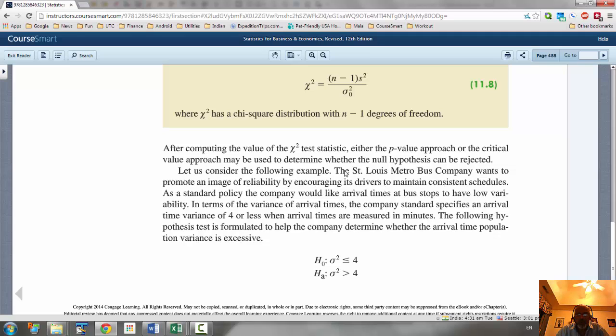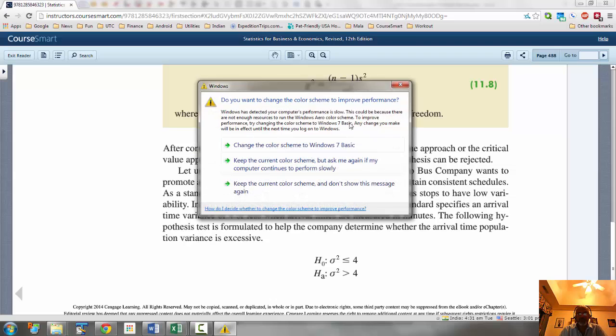Here in this example we have a metro bus company that wants to promote an image of reliability of service, and one of the aspects of reliability of service is to maintain your schedule as published. So the variance of arrival times, the variance of departure times, you want to keep that variance as small as possible.